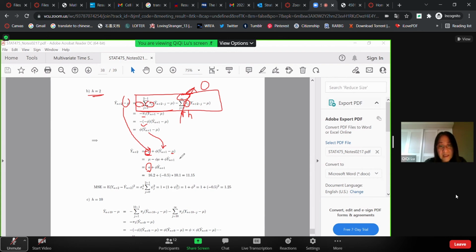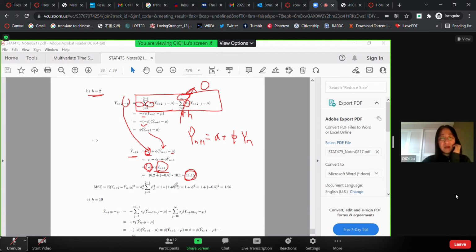So this is exactly the same form, right? When you do yn plus 1 hat, you have the constant term plus phi times the previous value, that's yn. And for yn plus 2, you have the constant term, same phi, and the last value. We don't have data, but we have the prediction, so we use the prediction for yn plus 1. So we plug in everything, and this is the value for the forecast.